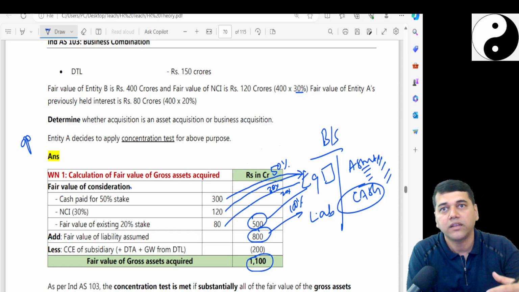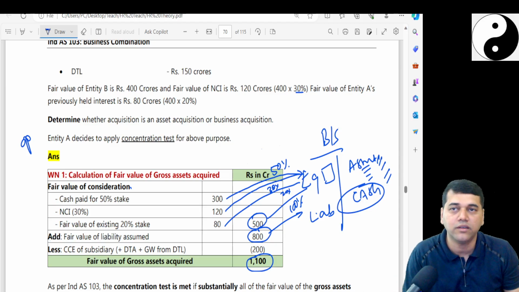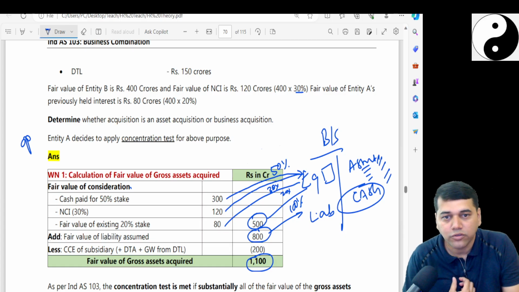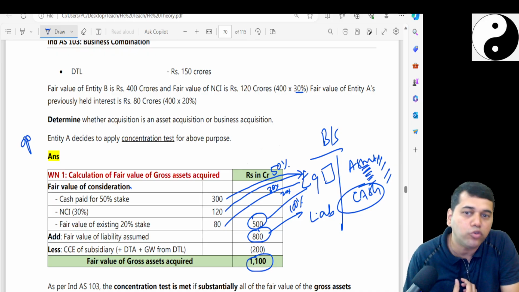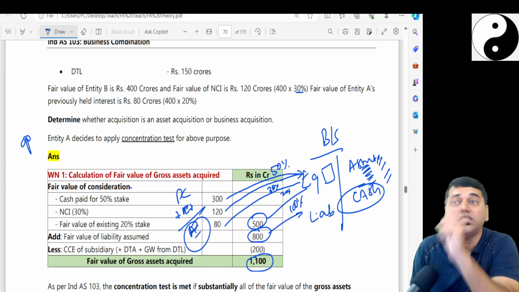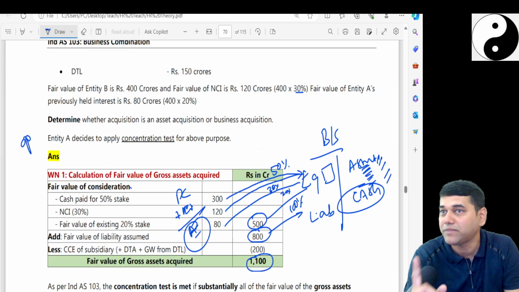When they acquire, will they acquire the projector also, building also, laptop, books, everything? So there is a breakup there. When I go through this equation, purchase consideration plus liability minus cash, I should get the assets. Now, which asset did you pay for? 1100 is paid for something.